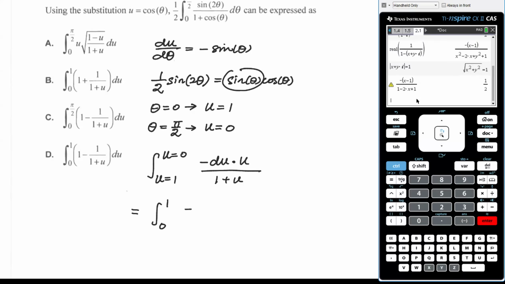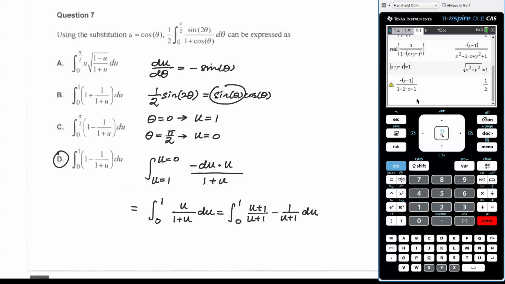So u over 1 plus u du, from 0 to 1, becomes u plus 1 divided by u plus 1 minus 1 over u plus 1 du. And I believe that's option D.